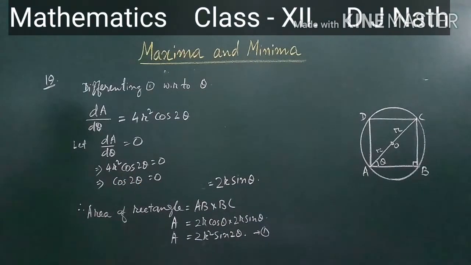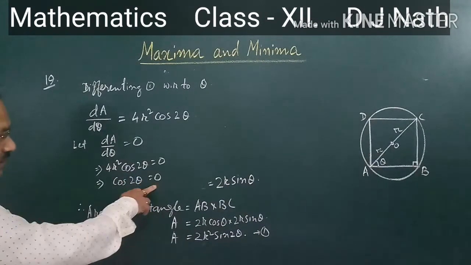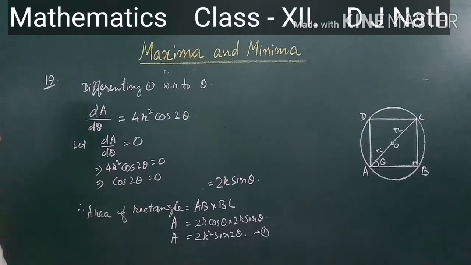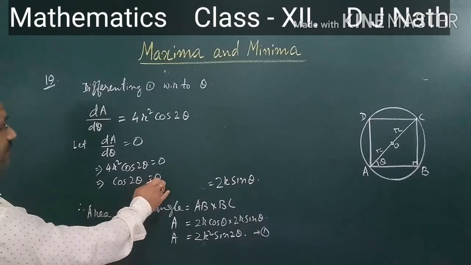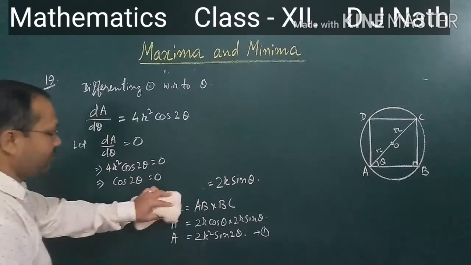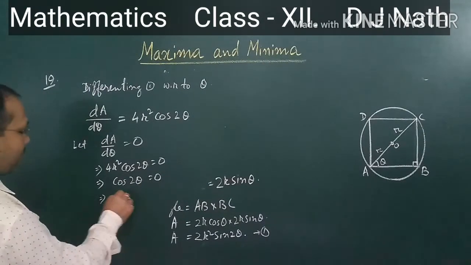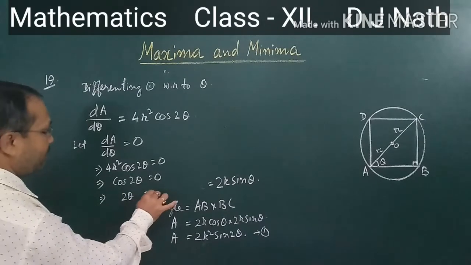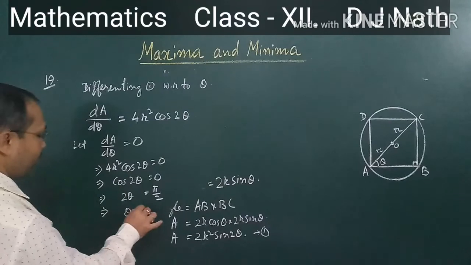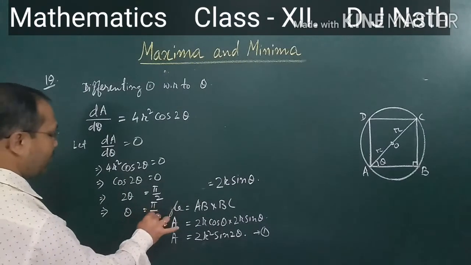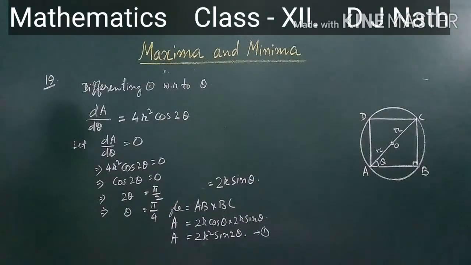Cos is 0 at pi by 2, that is 90 degrees. So 2 theta is pi by 2, so theta is equal to pi by 4.